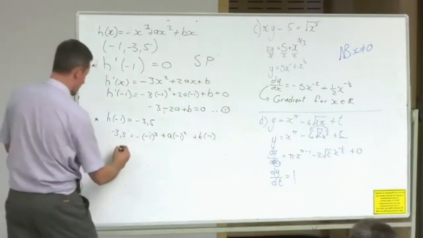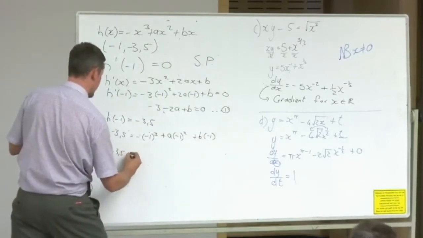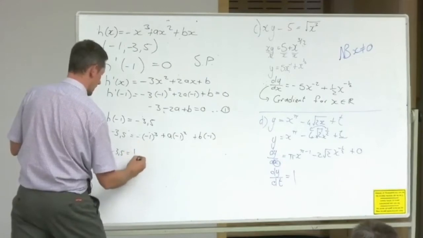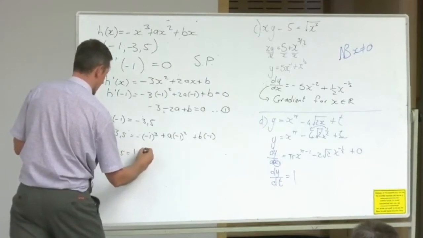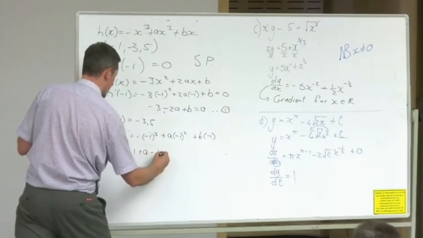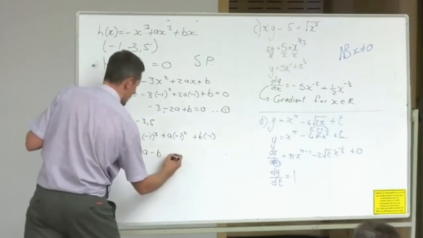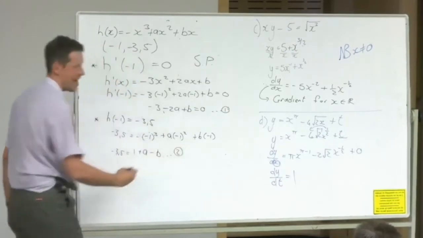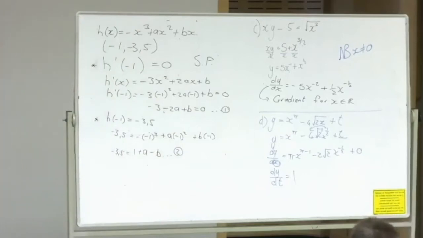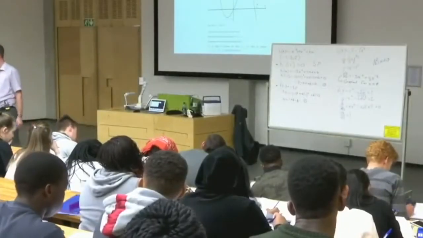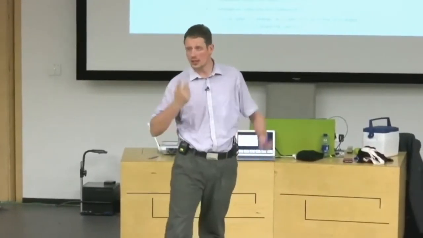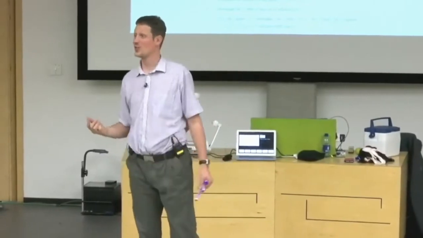So this is going to give me negative 3.5 equals 1 plus a minus b, and there, ladies and gents, I have my second equation by only using one coordinate, because I know it is a turning point as well. So sometimes it might feel that it's not enough info, sir.